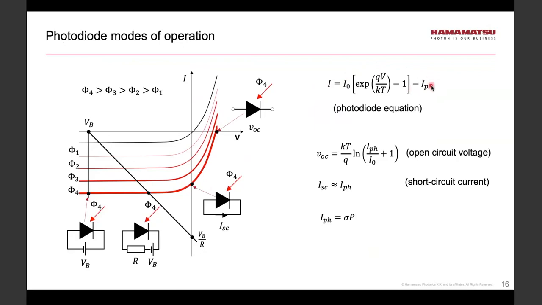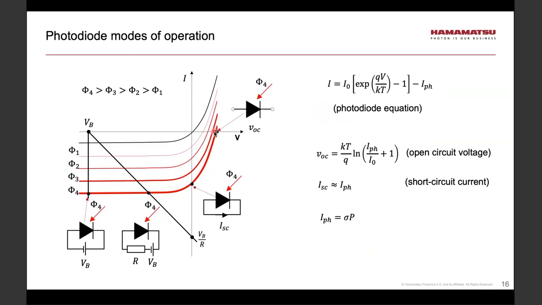Now, what we observe depends on where our observation or where our Q point is. So let's start with the so-called open circuit operation. In this operation, there is no bias applied to the photodiode. There is no current flowing. And so what one observes is the voltage.